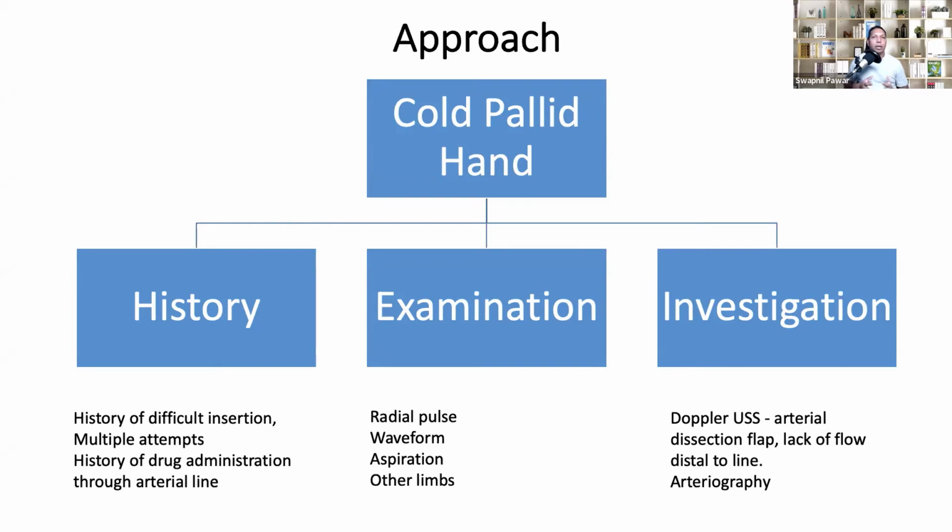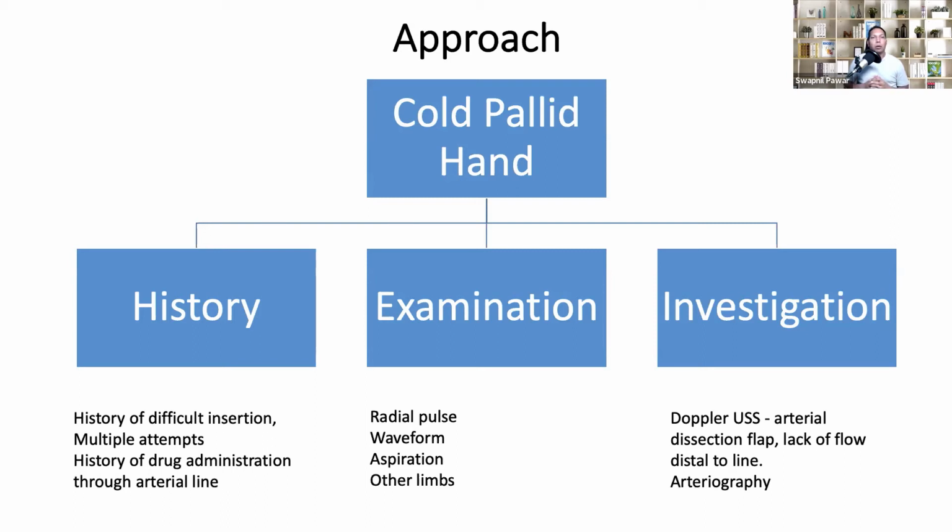In terms of examination, it's very important to look at the radial arterial line trace if it's still in situ, or feel the pulse, and examine the hand. It's also important to examine all 4 limbs, because apart from the traumatic insertion or multiple attempts of radial arterial line insertion, all other causes give rise to ischemic changes in all 4 limbs rather than just one isolated limb.